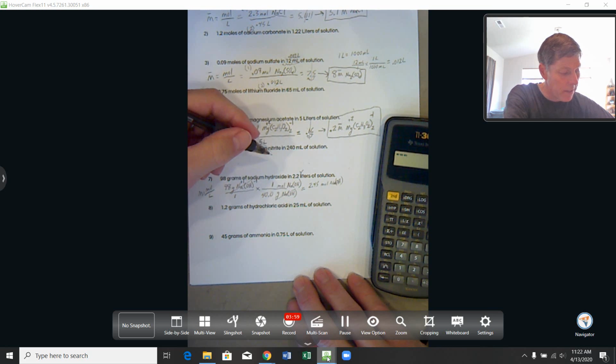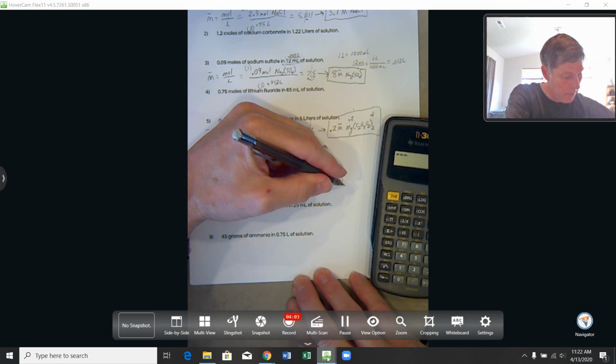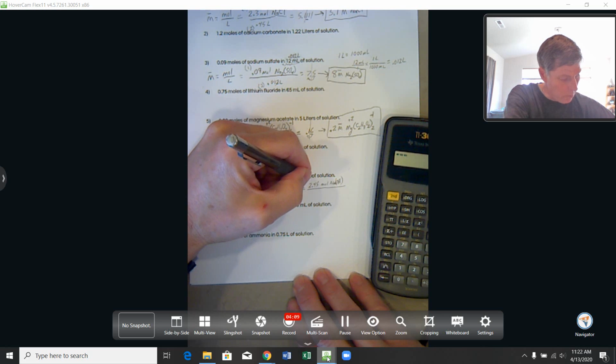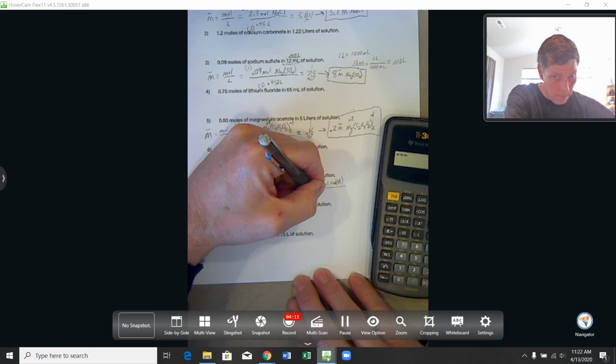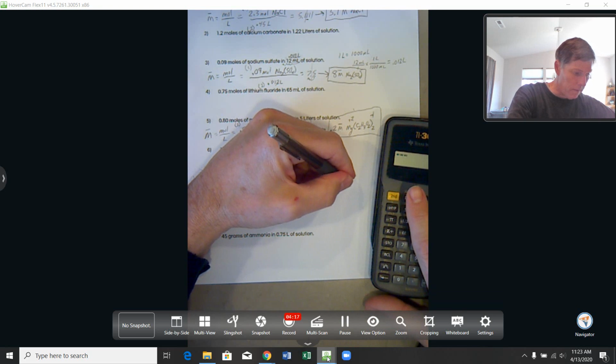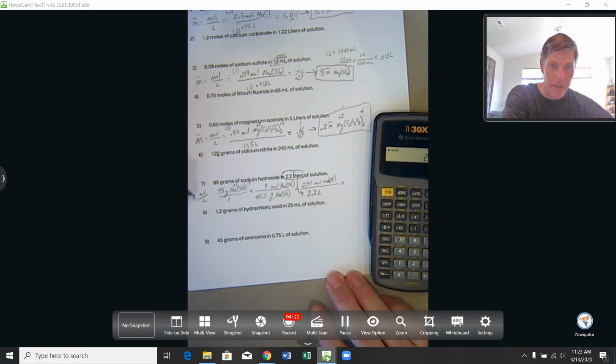So now I have to bring in the other thing because molarity is moles divided by liters. So now I bring in my liter value. That's what's going to come down right there. So I'm going to bring in 2.2 liters. Now, at that point, I have my moles over my liters, which is what molarity equals.